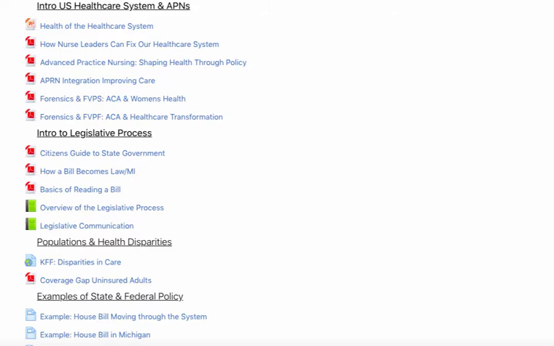Some states did not, unfortunately, expand Medicaid. So there's a huge gap of patients that are uninsured because they can't afford health care through the ACA, and they're not meeting that poverty level line. So then we have this huge gap of uninsured adults.